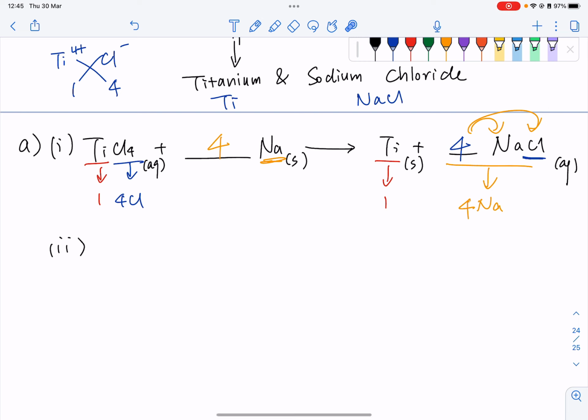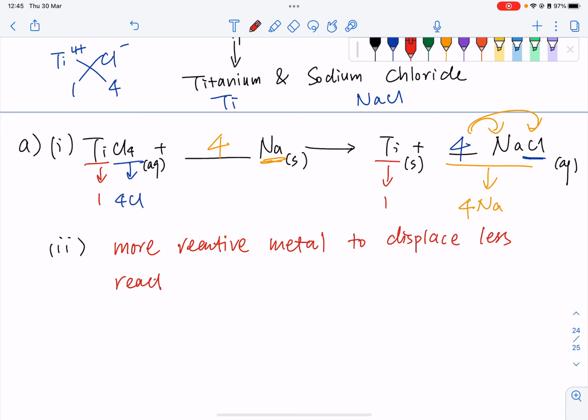If you remember the displacement reaction, it uses a more reactive metal to displace or replace a less reactive metal out, right? So comparing these two, which one should be the more reactive metal?